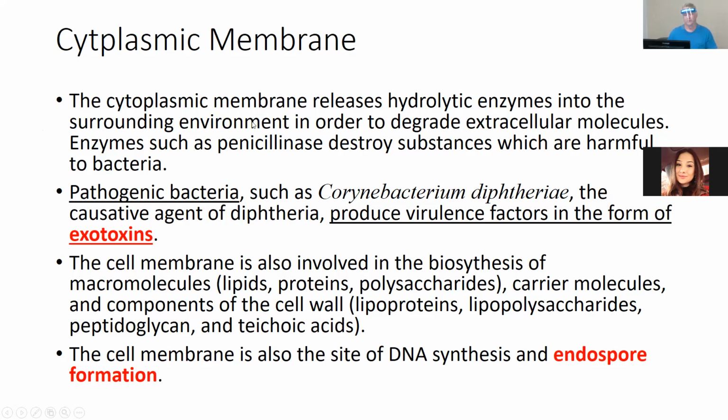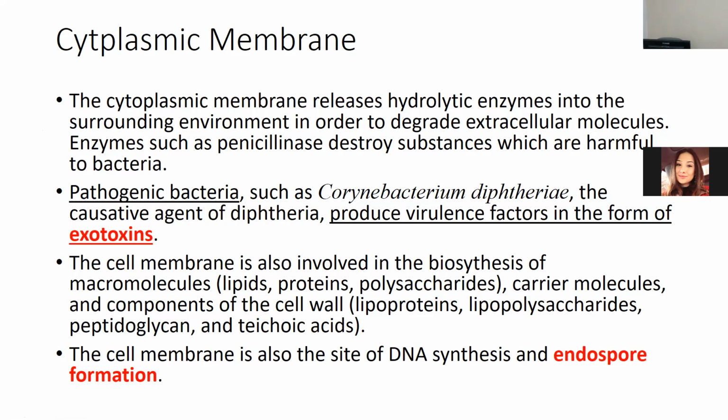All right. So the cytoplasmic membrane releases hydrolytic enzymes. Okay. Pathogenic bacteria, what we're interested in here, such as Corynebacterium diphtheriae, the causative agent of diphtheria, produce virulence factors in the form of exotoxins. So what happens with diphtheria is that exotoxins are produced, and that's what makes you sick.